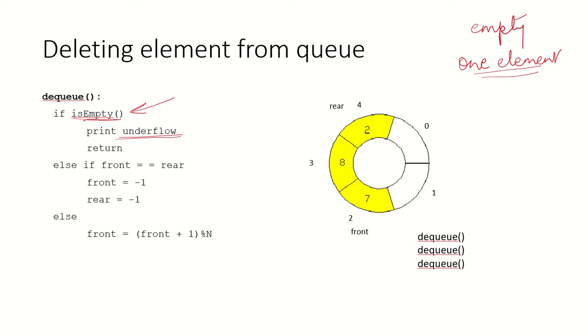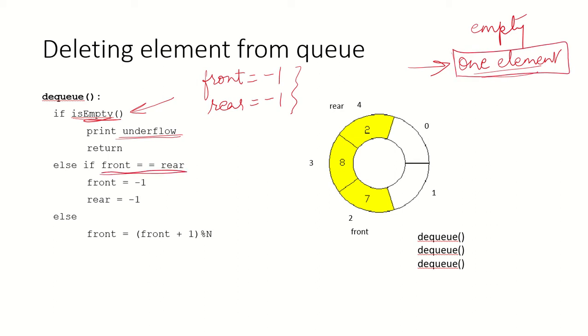Empty is always represented by front and rear both equal to -1. So if both are -1, we know that the queue is empty. Else we have to check whether there is only one element in the queue. If there is only one element in the queue, then front would always be equal to rear.